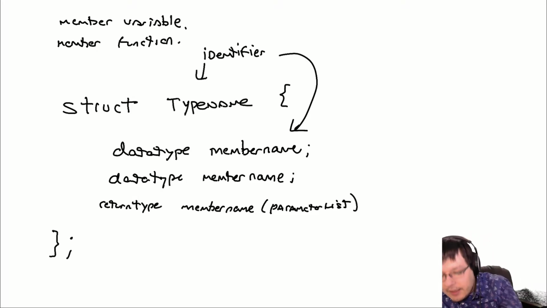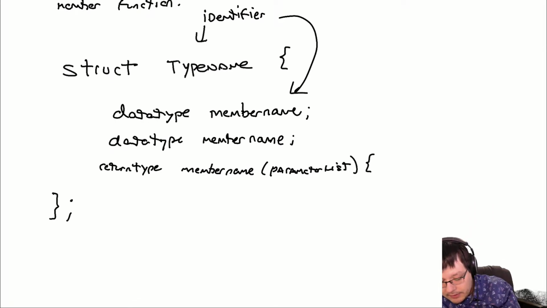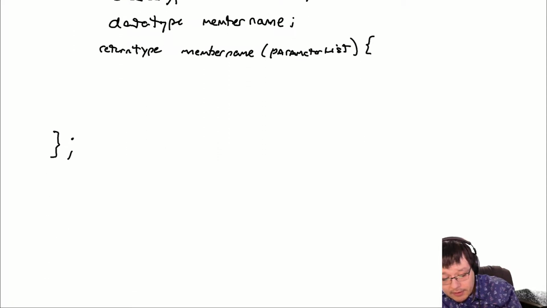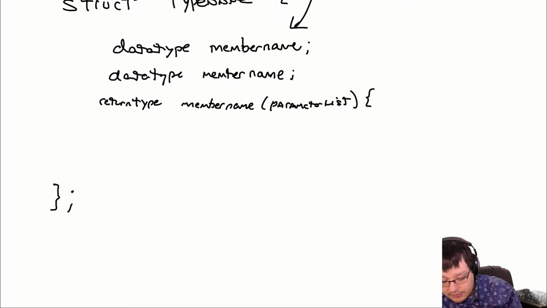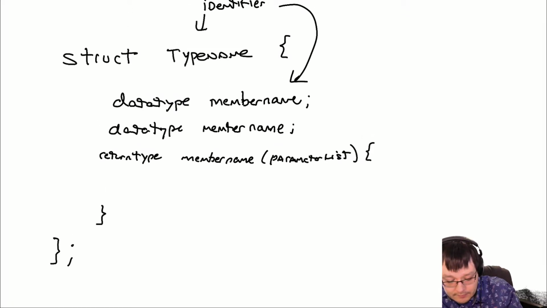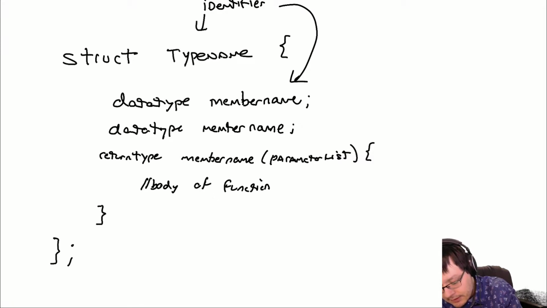But for now, the easiest way possible is to actually define the function in here, which means put a curly bracket, and then I guess we'll need a little bit more space. You could do everything in one line, but it's not good practice because it looks kind of nasty. Put it like that, and then basically put whatever code you have there. So, function body.